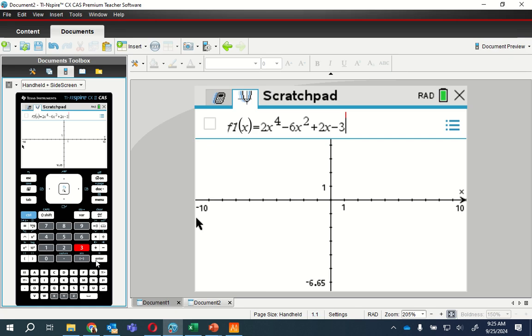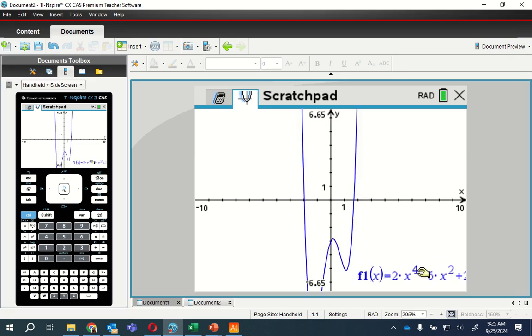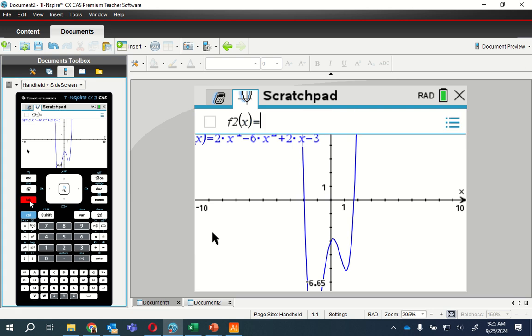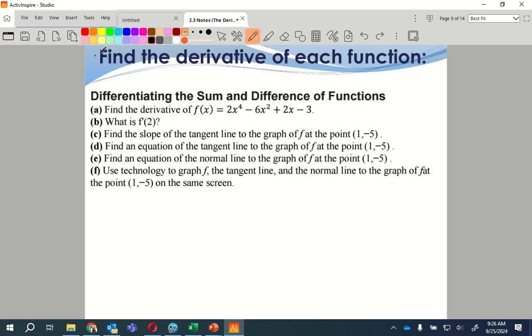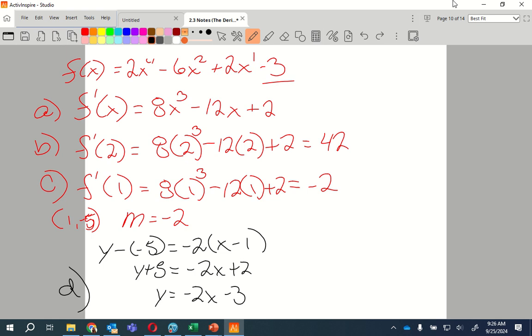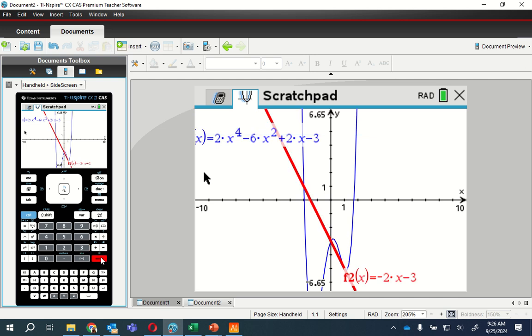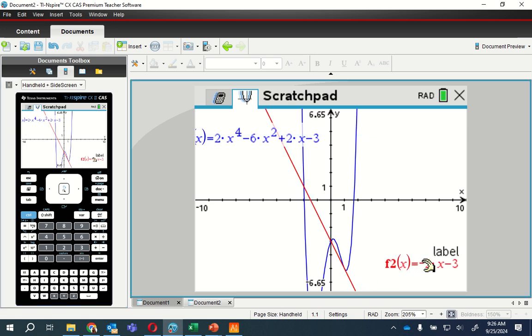There we go, and I'm going to hit graph. Everything we're dealing with is going to be happening right here at 1. Let's hit tab so I can do my second function. My second function was negative 2x minus 3. So this one's my tangent.